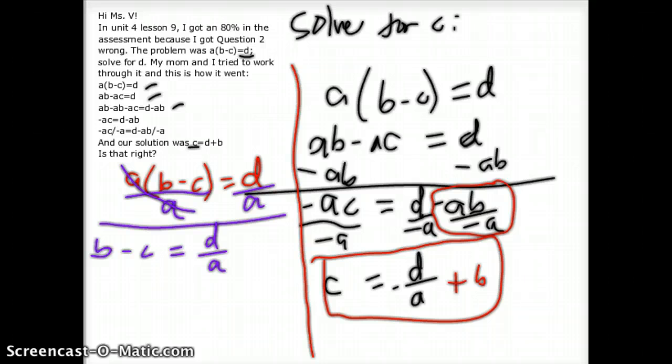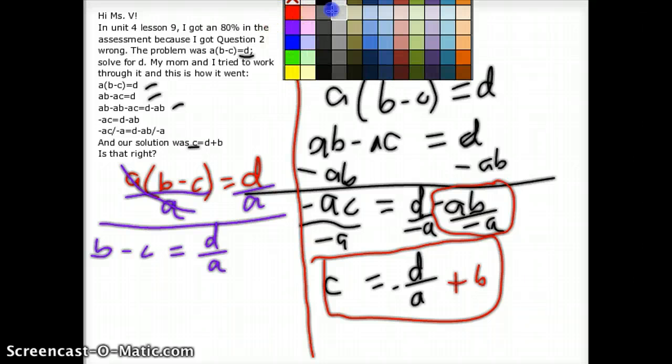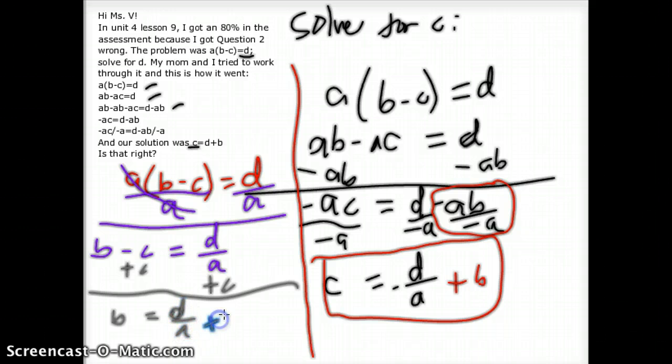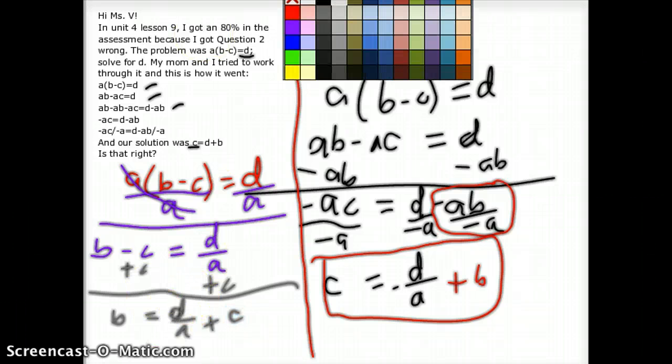Okay, so if I add C to both sides, then I get B is equal to D over A plus C. Okay, now I want to get this D over A on the other side.